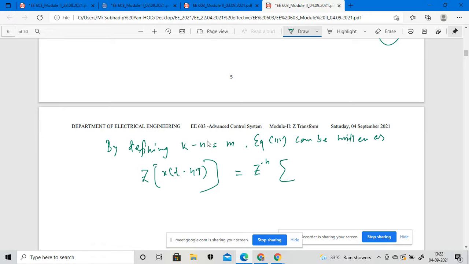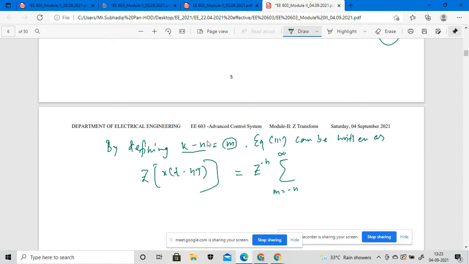As we are defining k minus n equal to m, m is actually nothing but k minus n. So already I am defining the values of k. Now we have to consider the values of m. The m value will vary from minus n to infinity. Whatever values we write, it is respective of the values of m.